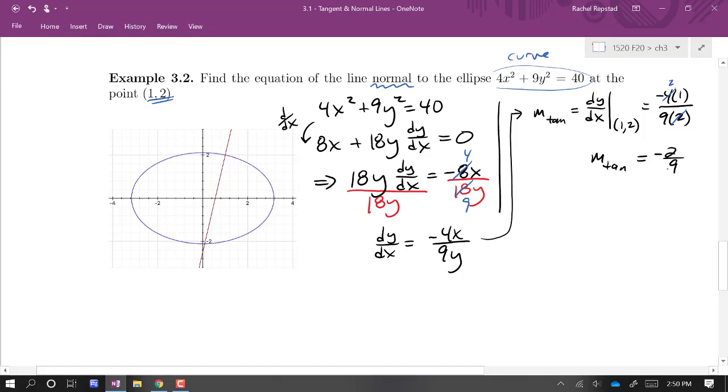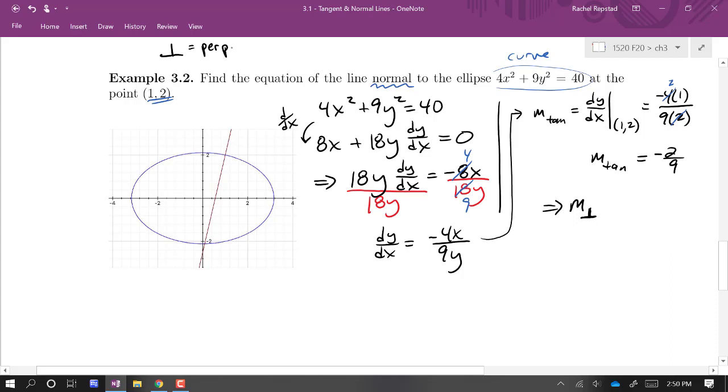The normal line is perpendicular to the tangent line. So that means that to find the normal slope, we're just going to take the opposite and reciprocal of the tangent slope. For our notation here, for the normal slope, I use a subscript with an upside-down t. An upside-down t is generally what means perpendicular.